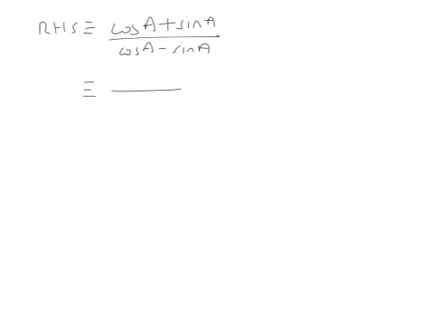So let's consider the right hand side, which is cos a plus sine a over cos a minus sine a. Now the previous left hand side that we had had cos squared minus sine squared.